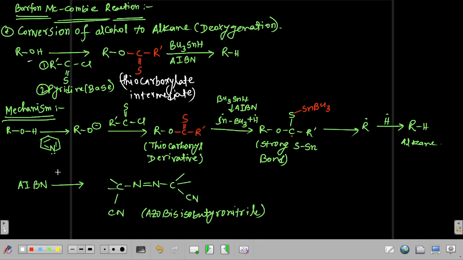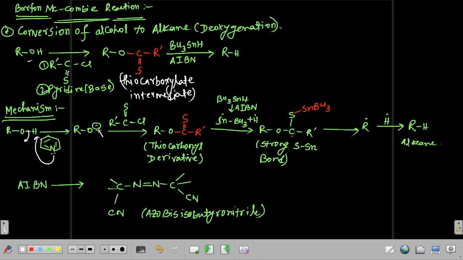Now we will go to the mechanism of this reaction. First we will start with the starting material, alcohol. So this alcohol will react with pyridine, which is acting as a base. So this pyridine will extract this proton of the alcohol, so it forms this alkoxide ion.